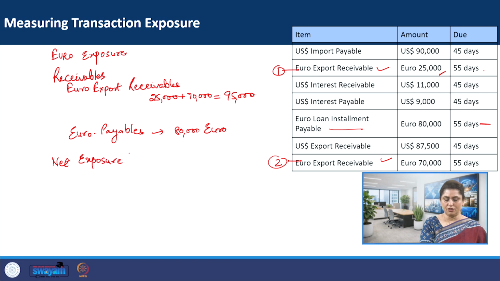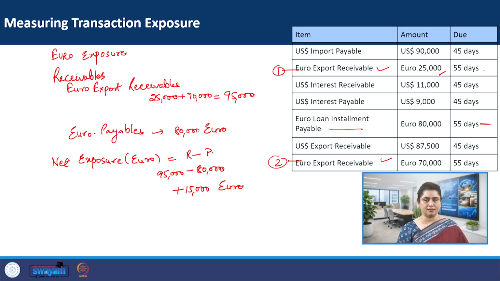Net exposure in euro is equal to receivables minus payables, and here we get 95,000 minus 80,000. So here our position is positive, plus 15,000 euro. It is a net asset situation, and we are long in euro.